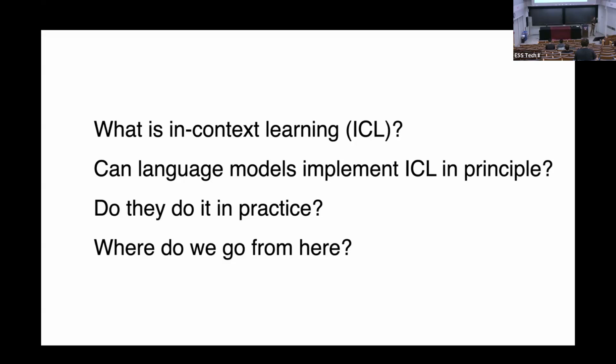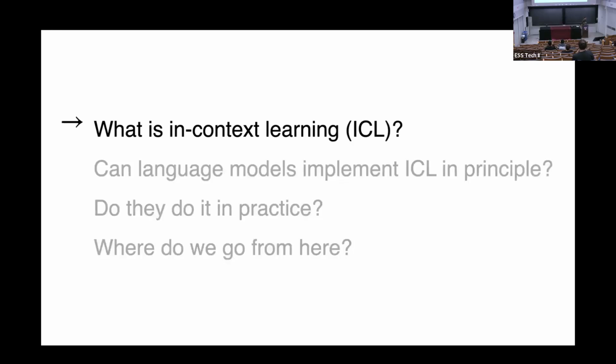What kinds of things might they not be able to do when presented with these sorts of in-context learning problems? And this is all going to be in-principle arguments just from the structure of language models as they exist today, without looking at any real models. And then we'll actually go out and train some models and try to figure out what's really going on under the hood, and then talk about the implications of this more broadly for research on NLP, research on language modeling.